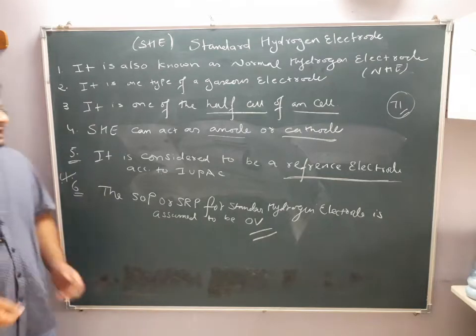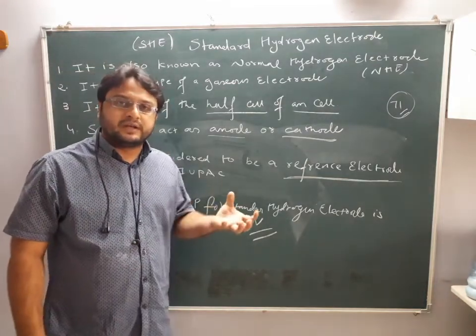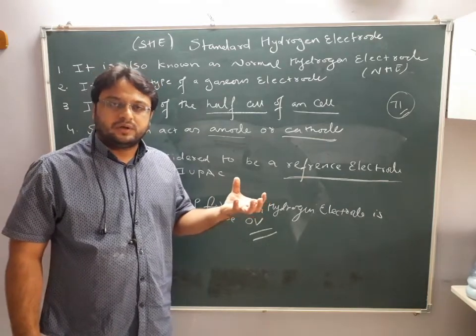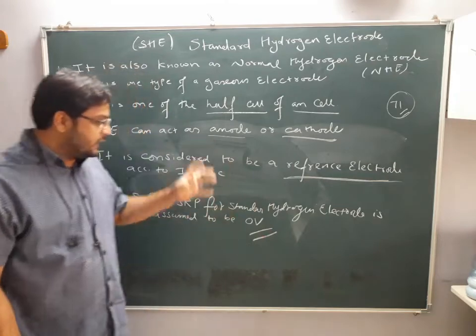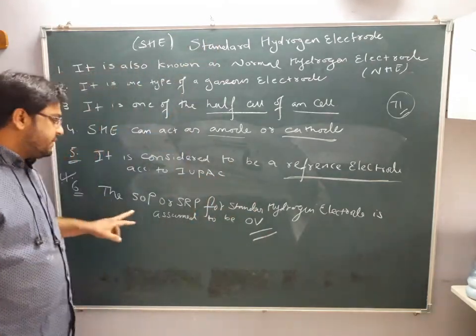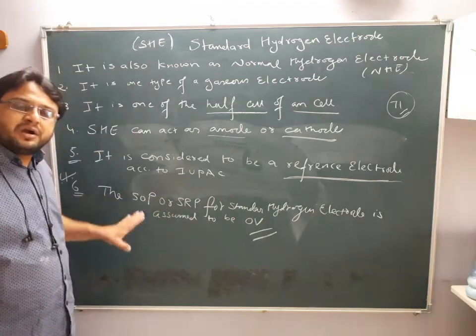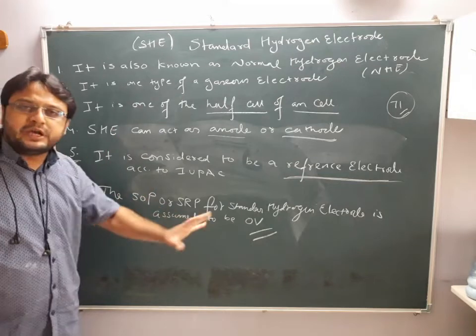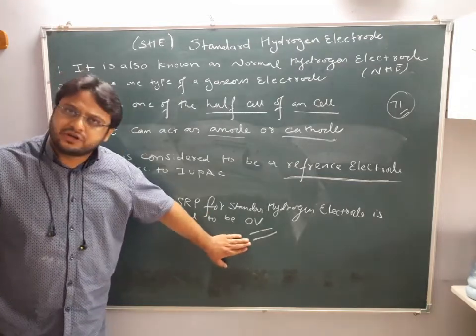There will be certain reduction potential values, for zinc like minus 0.76 volt, for copper we got 0.34 volt. But for the standard hydrogen electrode, IUPAC says their SRP value, standard reduction potential, or their SOP value, standard oxidation potential, should be assumed to be 0 volt. This is very important, though in actual practice it may not be 0.